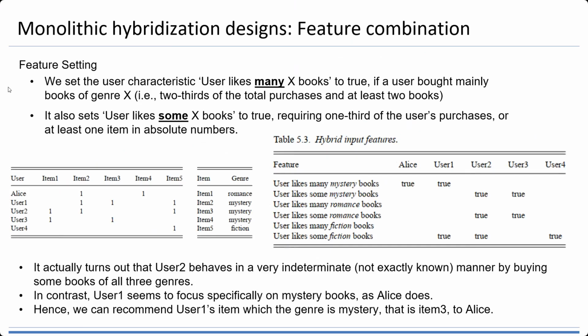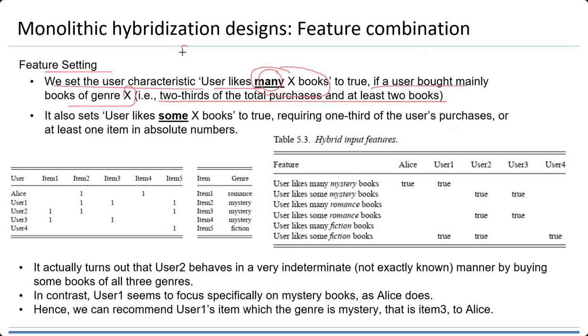First, we need to do the feature setting. We set the user characteristics. For example, user likes many X books. So we define many. Many means, for example, a user bought mainly books of genre X, or we can say two thirds of the total purchases, or at least two books.